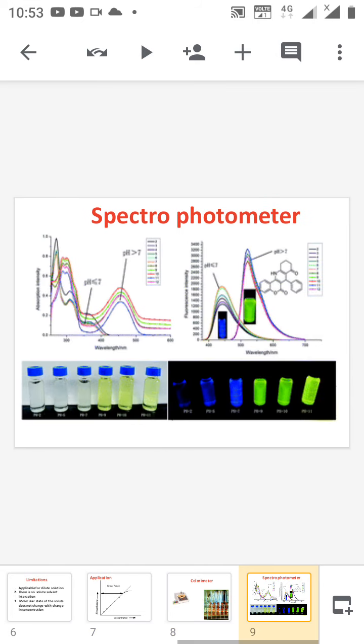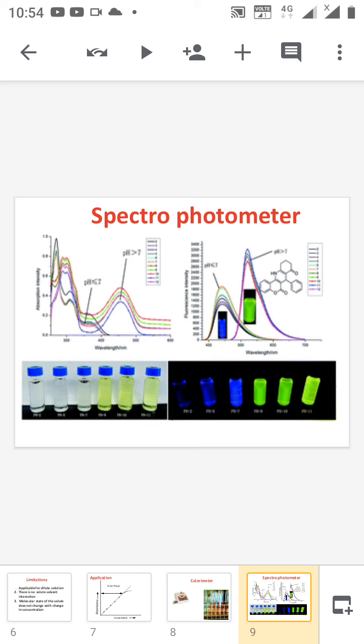We can also apply this principle in the spectrophotometer. A spectrophotometer is used for measuring absorbance more accurately than a colorimeter, and we can also study emission spectra and absorption spectra. I have shown the graph of the absorption spectra obtained by using the spectrophotometer.